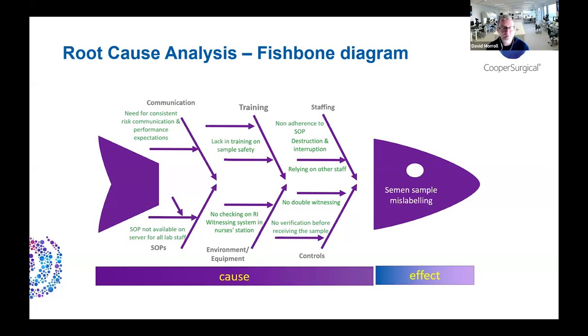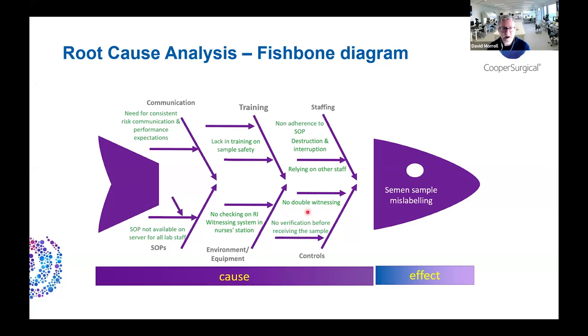Staffing, we might see that people are not adhering to the SOP. Audit of adherence to SOPs is a good practice to get into. We might find that people are passing on work to other staff, so that might be a weakness.